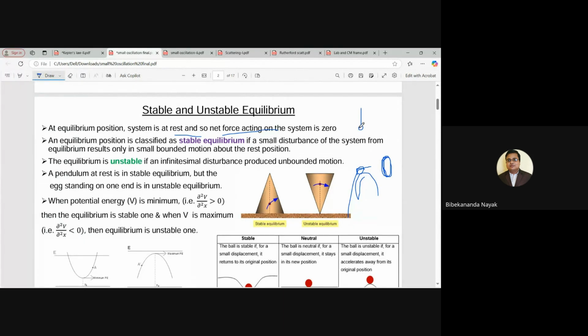If you slightly disturb it, then it executes simple harmonic motion and finally comes back to its original position. That case is known as stable equilibrium. How do you know it? For the stable equilibrium case, the potential at the equilibrium point is minimum. For the unstable equilibrium case, the potential at the equilibrium point is maximum. And you know how to mathematically check a maximum and minimum quantity.